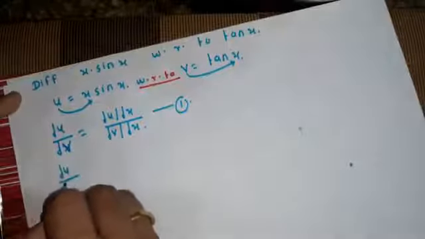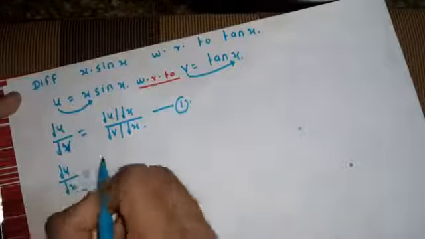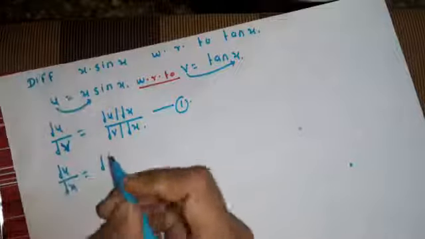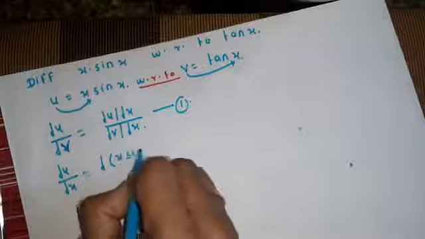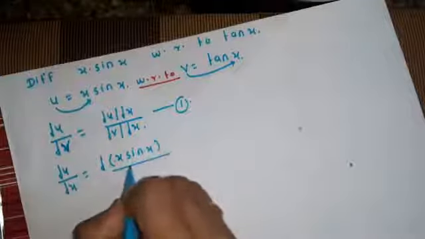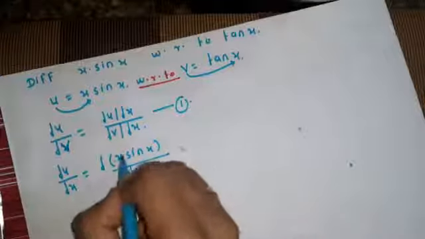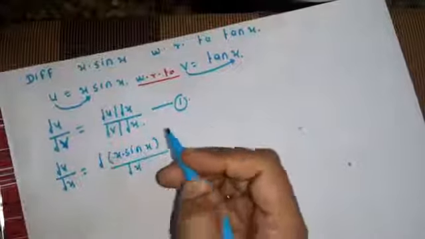Now du by dx means differentiation of u with respect to x, that is differentiation of x sin x with respect to x by using u into v rule.